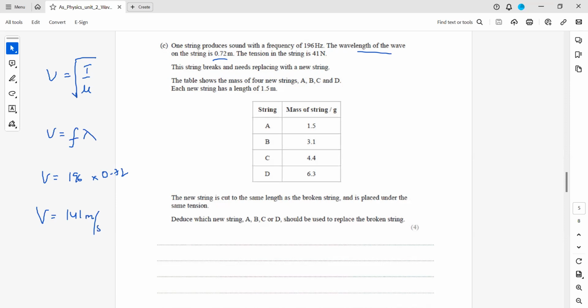Now we will work out the mass per unit length. So v equals the square root of T divided by mu. T is the tension in the string, which is 41, and v is the speed, because we want the same speed. So 141 equals the square root of 41 divided by mu. We square both sides to get the value for mu, the mass per unit length.